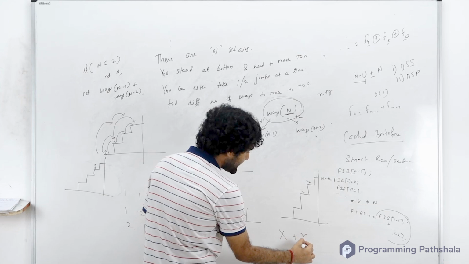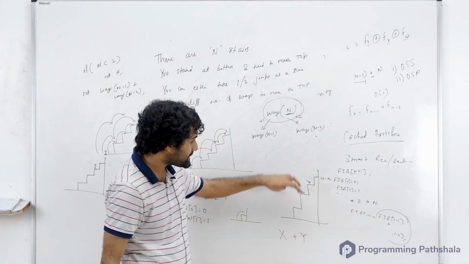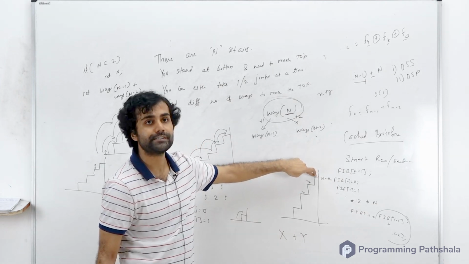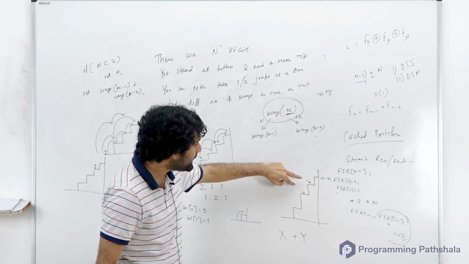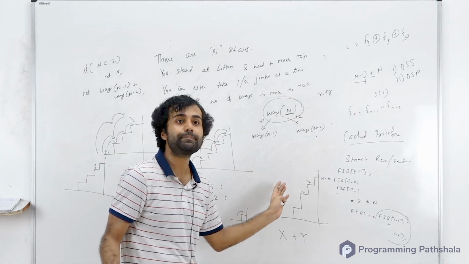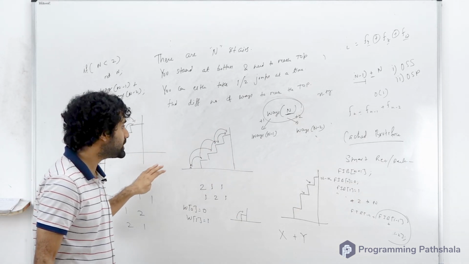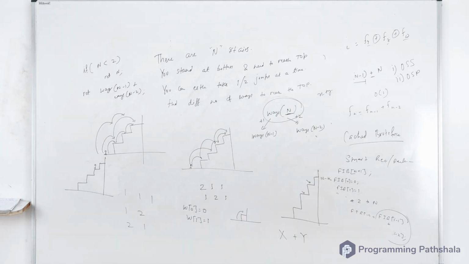So my answer will be x plus y, and both of them are different because in the first one the last jump was a 1 unit jump, and in the second one the last jump was a 2 units jump. Are you seeing the change in thinking pattern? Here I talked about distinction with respect to the last jump, but there I was talking about the distinction with respect to the first jump. All of them are going to give me the same solution. So it's just a matter of thought, and you should be able to think both the ways very, very clearly.